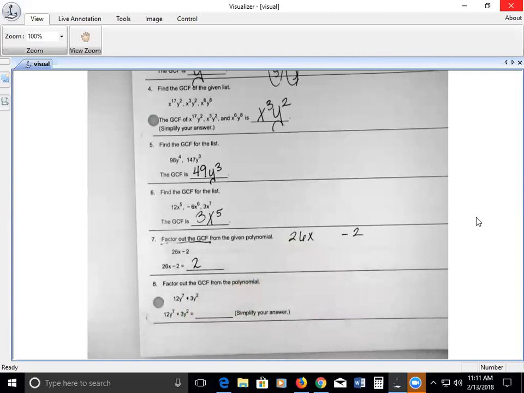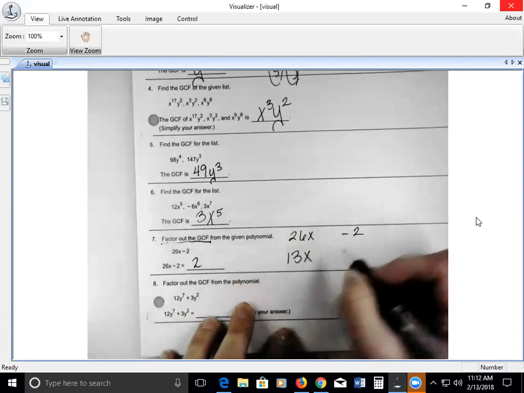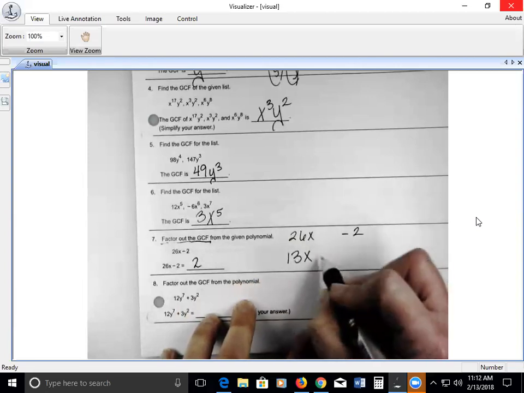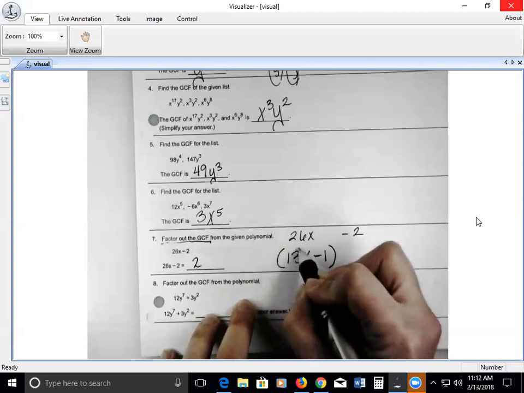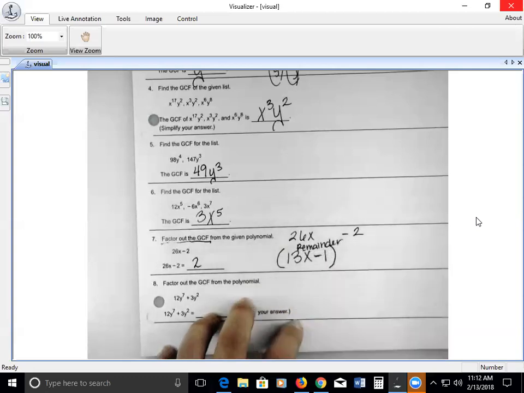So you're basically dividing 26x by a +2. What is your remainder? 13x. Okay. When you divide a -2 by a +2, what is your remainder? -1, right? And this is in parentheses. Your remainder is going to be inside of parentheses.